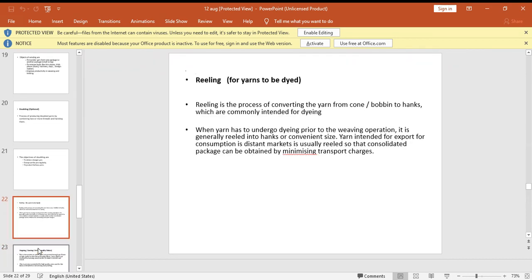Reeling. Reeling means for yarns to be dyed. Reeling is a process of converting the yarn from cone or bobbin into hanks, which are commonly intended for dyeing. When yarns have to undergo dyeing prior to weaving operation, it is generally reeled into hanks of convenient size.